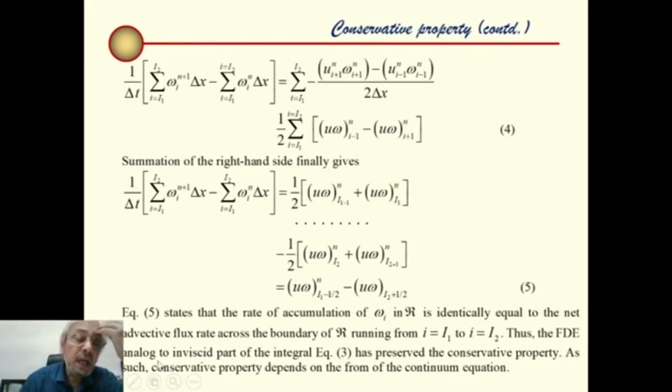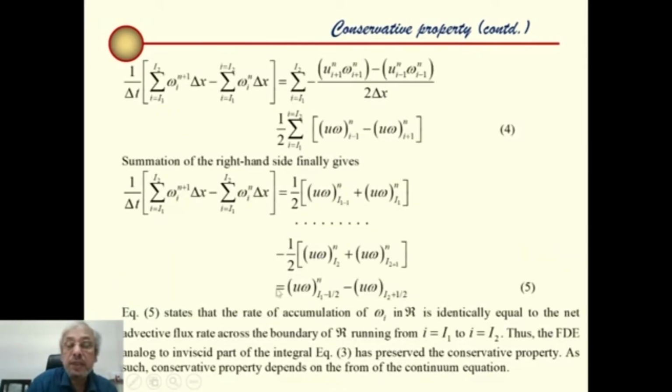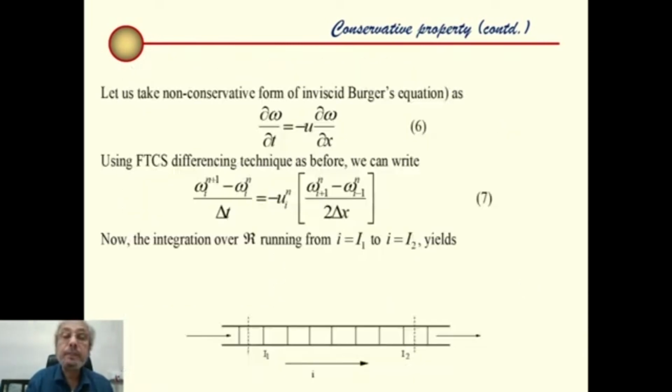Thus, the FD analog, finite difference analog, to implicit part of integral equation 3, Burger's equation, has preserved the conservative property. So you can see, if this way we write, all intermediate fluxes will get cancelled, and whatever is coming in, that will be going out. Final expression will be this. So by formulation, we are preserving the conservative property.